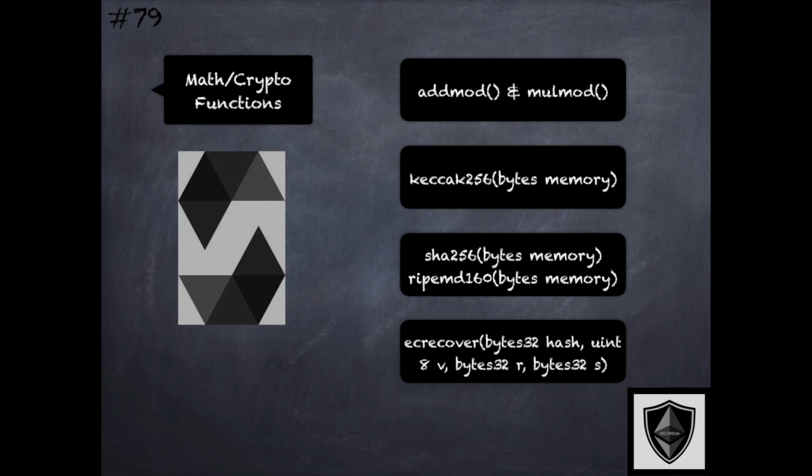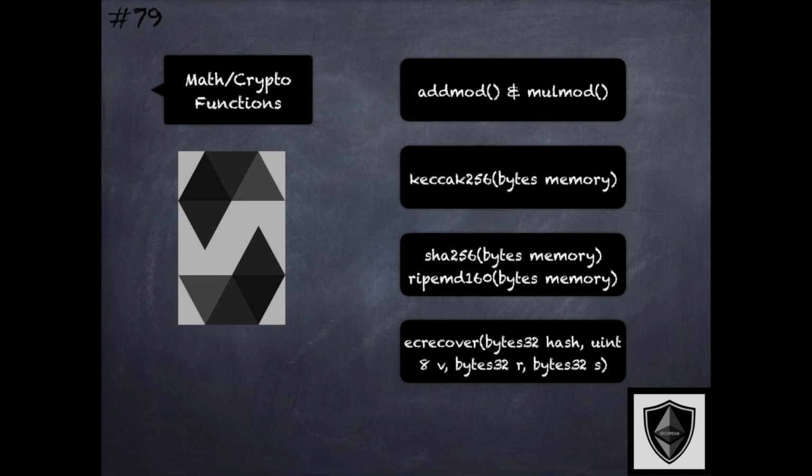This is the elliptic curve recover function that takes in the hash of a message as an argument along with the signature components, the ECDSA signature components of v, r, and s that we talked about in the Ethereum module and even earlier. ecrecover takes in these arguments and returns the address, or recovers the address, associated with the public key from the elliptic curve signature that is specified in the parameters.